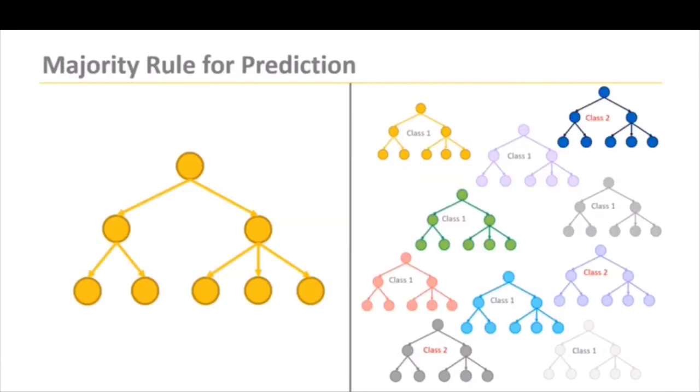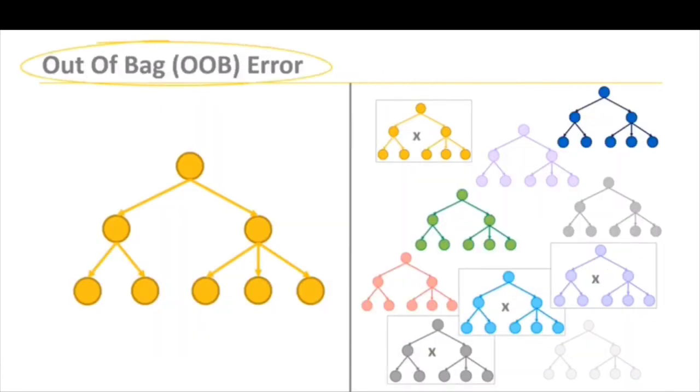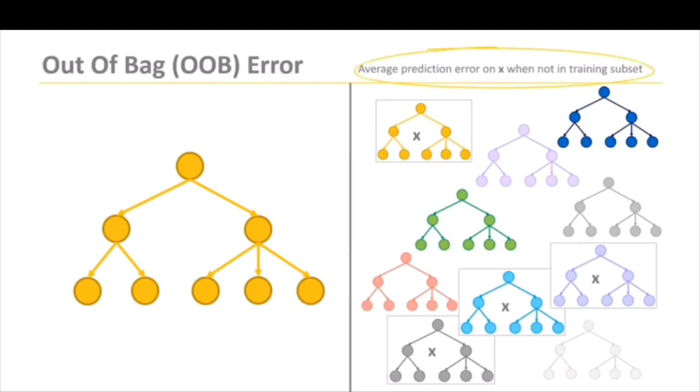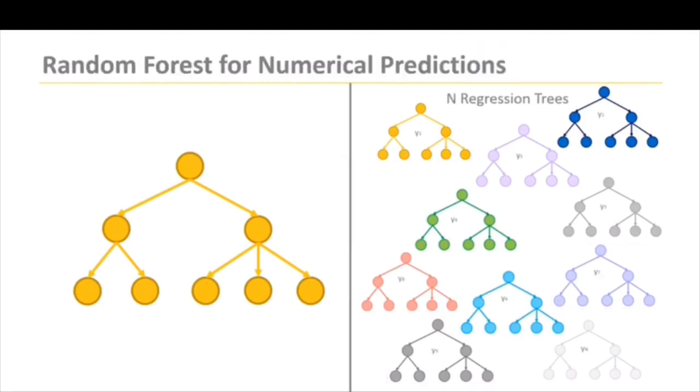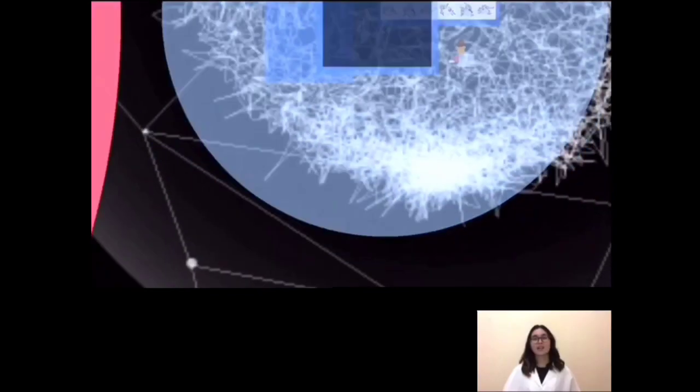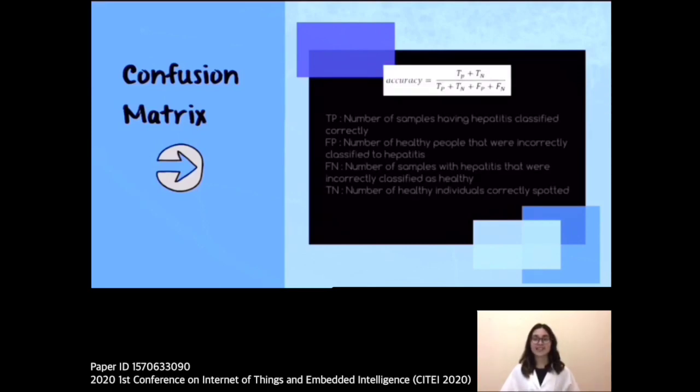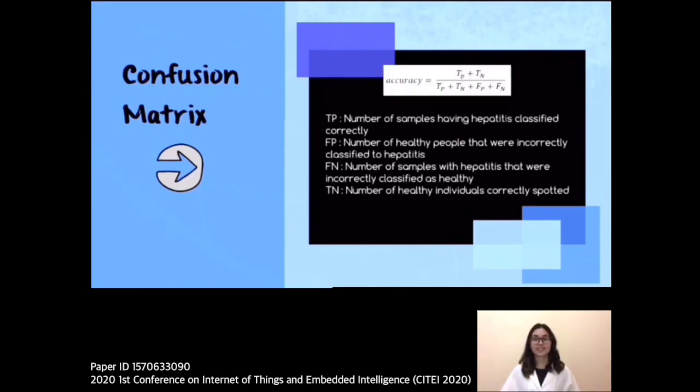Majority rule is used for prediction. There's also OOB. Besides classification, RF can also do numerical prediction. To calculate the accuracy, a confusion matrix is used. And this is the formula for the accuracy with all their defined parameters.